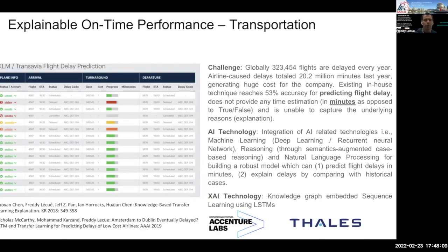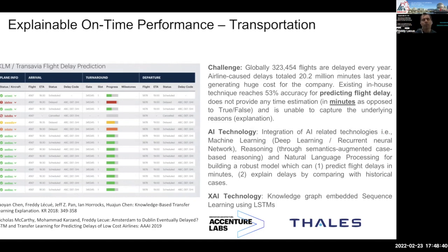I also worked with an airline company back when I was at Accenture, where we tried to predict flight delays and also explain flight delays. It was very critical for them because explaining it provides insight into what needs to be changed, or maybe the strategy, because a plane doesn't operate only one flight a day, it operates a sequence or a chain.